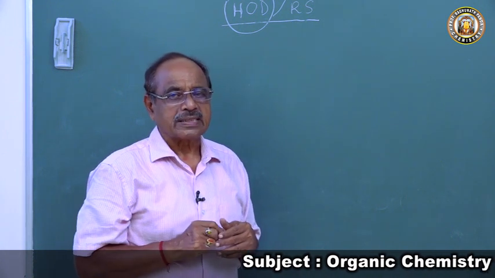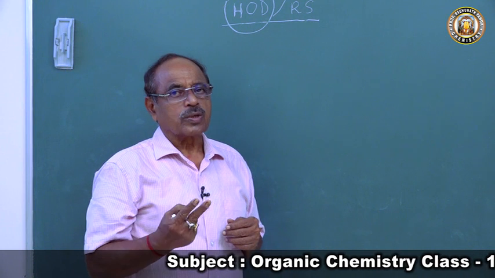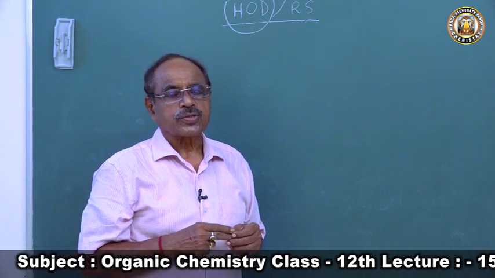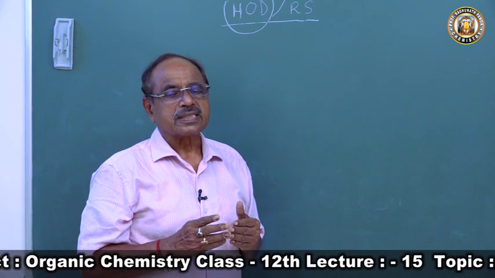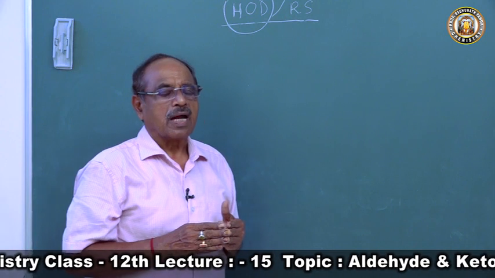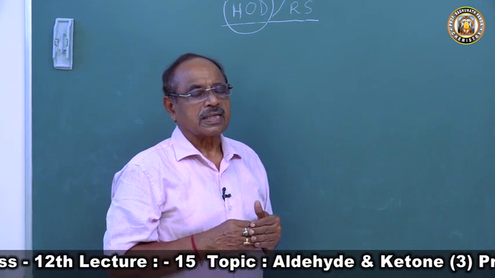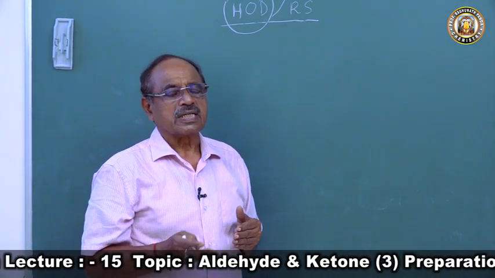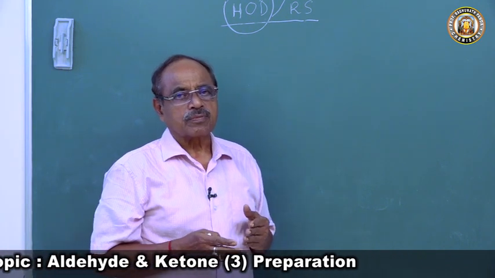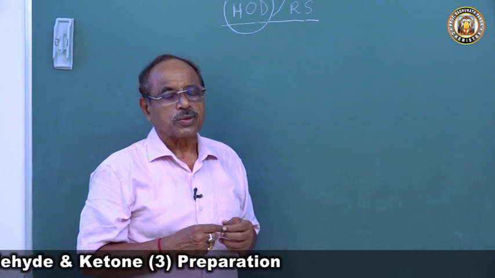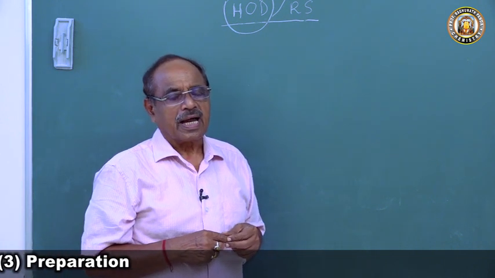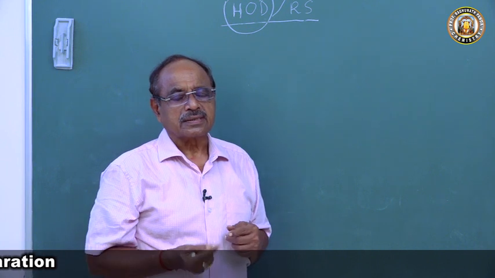Suppose you want to prepare acetaldehyde, a 2 carbon atom alkyl gem dihalide I have to choose. So that is CH3CHCl2, ethylidene chloride, which when treated with aqueous potassium hydroxide or sodium hydroxide forms acetaldehyde. When you come to acetone, acetone can be prepared when you take 2,2-dichloropropane and hydrolyze it.